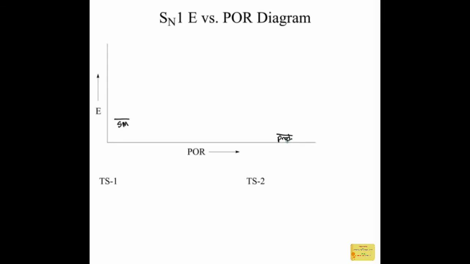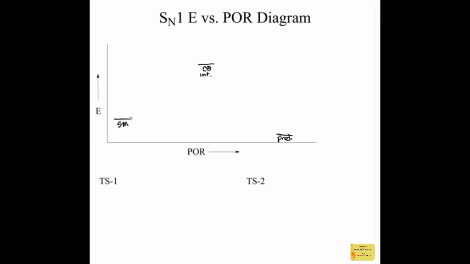But it's no longer a single-step reaction. It's at least 2 steps, because we're going to be going through this intermediate, which is a carbocation. So step 1 is we're going to go from our starting material to our intermediate, and step 2, we're going to go from our intermediate down to our product.